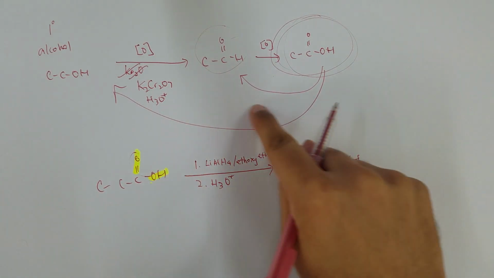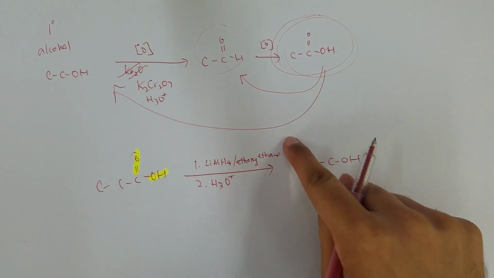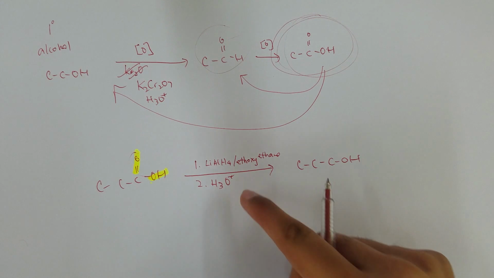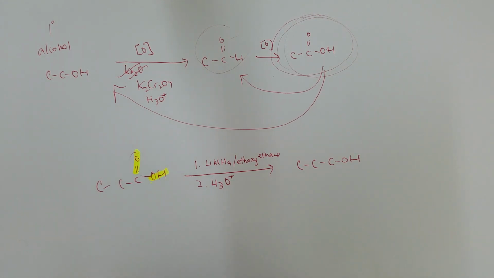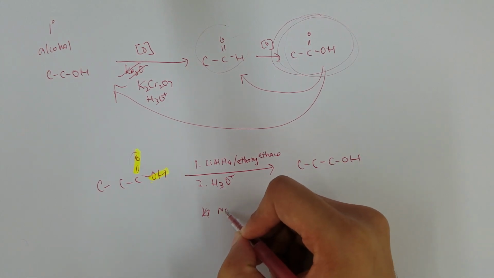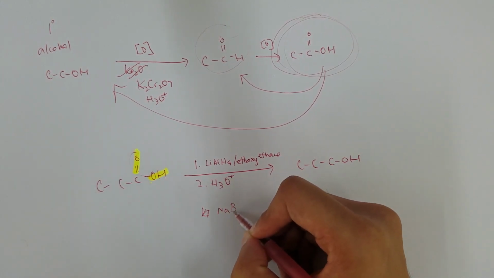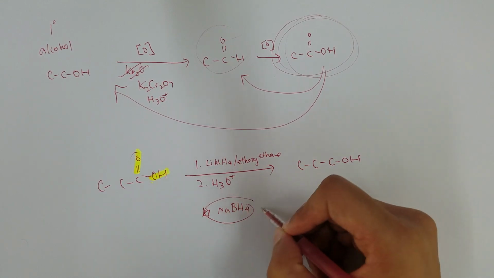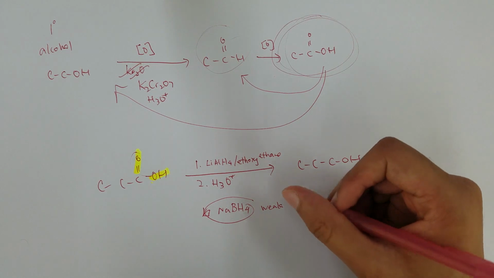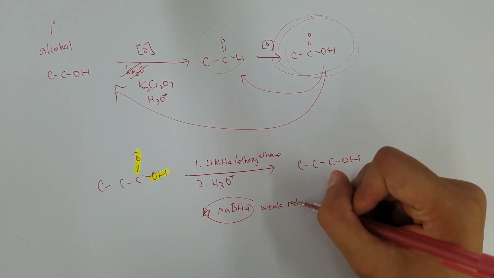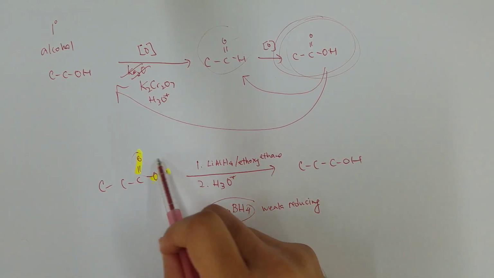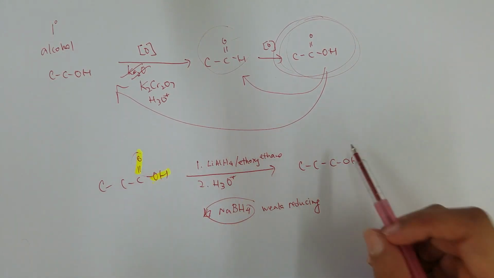Now, notice that in this page of the textbook, they have been using LiAlH4. What if you ask, can I use NaBH4? In this case, we cannot use NaBH4. The reason is very simple, because NaBH4 is a weak reducing agent. You will see this in the top left of page 110. It is not strong enough to reduce this into alcohol.